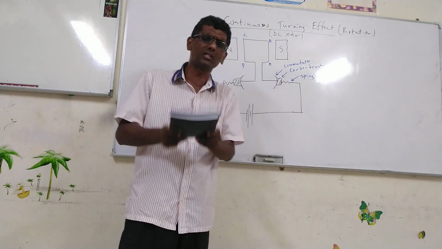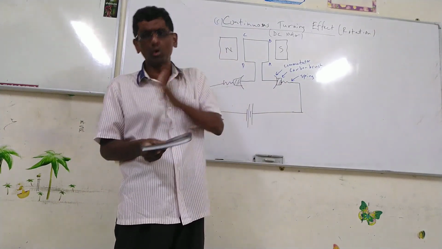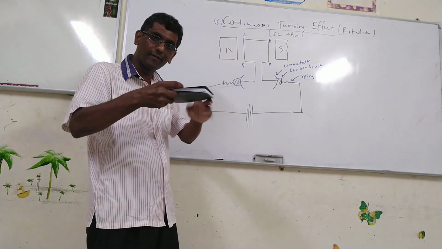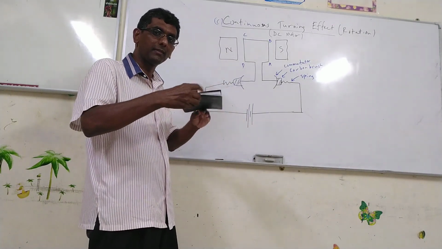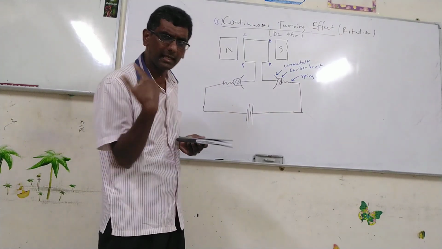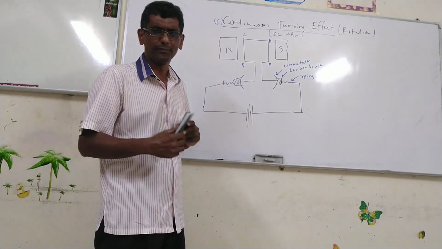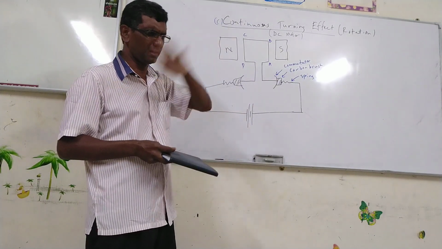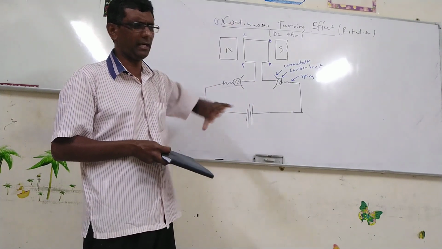So this is what we call the motor, for example, the electric fan. The fan turns, or we call blender rotates. Okay, these are rotations. So this is DC motor effect. The fan and the blender are AC current.